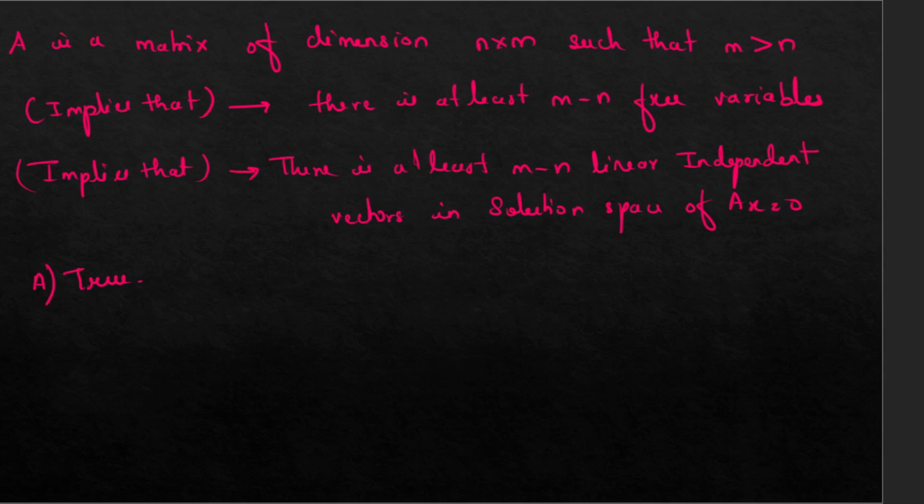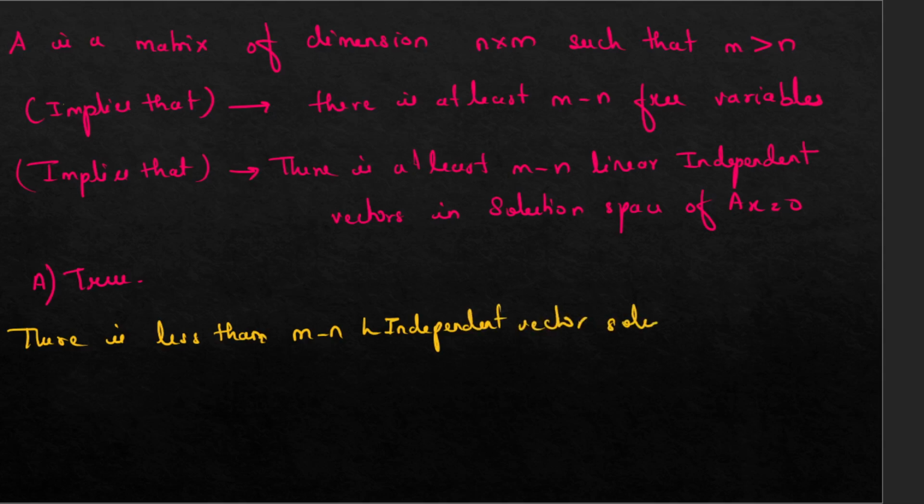Let's try to assume that there is less than m minus n linearly independent vector solution to Ax equals to 0.